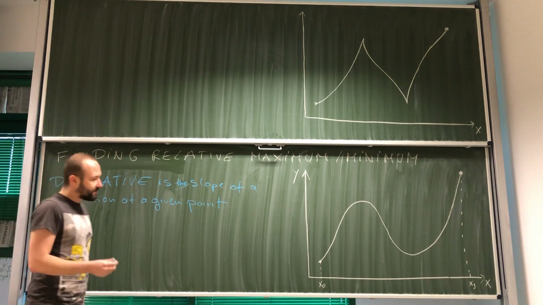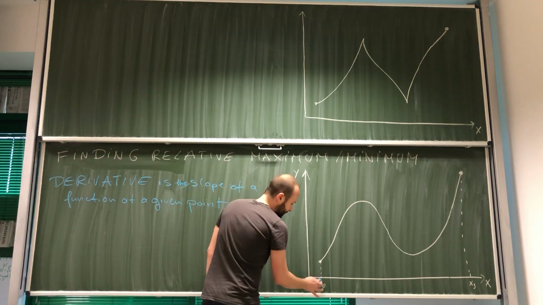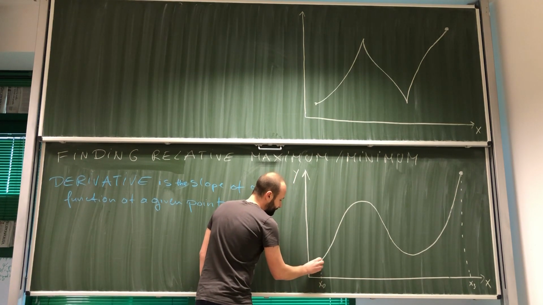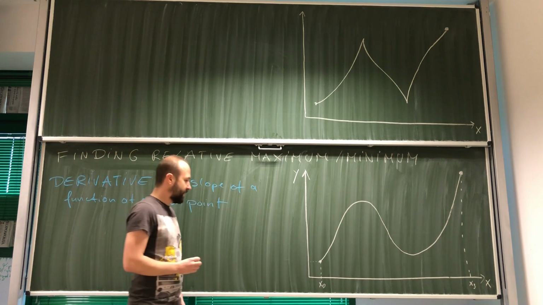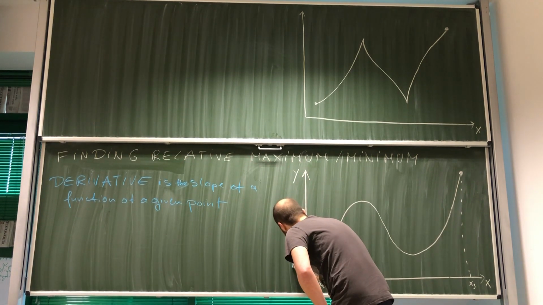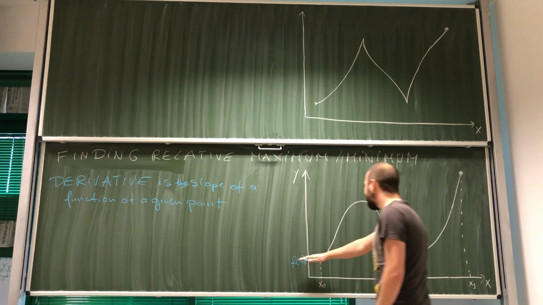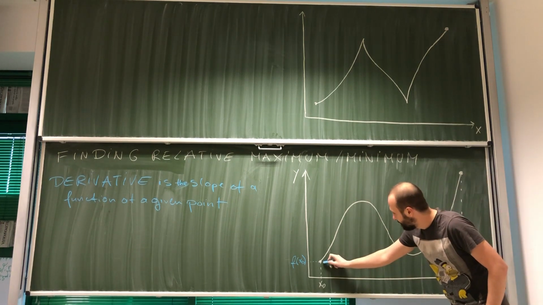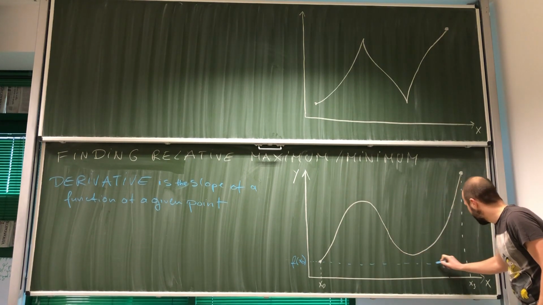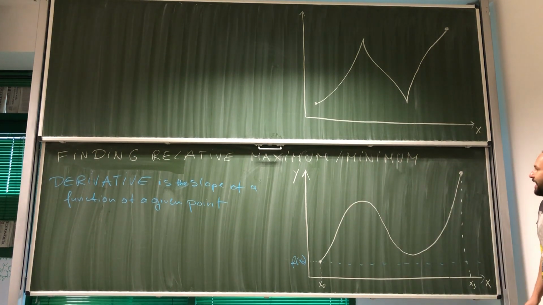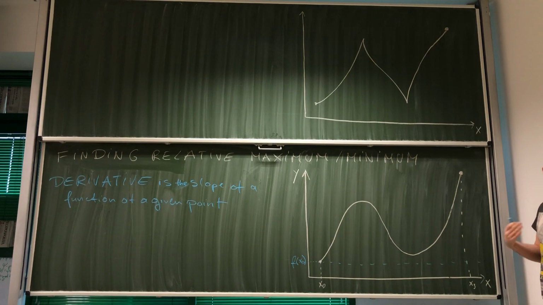Let's start with the point x0. If I calculate the value of the function at the point x0, it's going to be f of x0. What can we say about this value? This value is the lowest value in the entire domain.